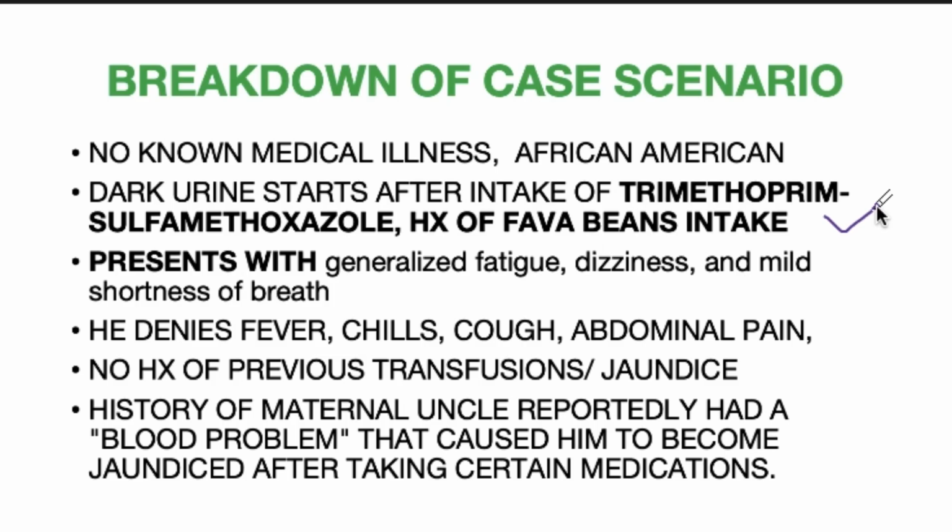And Paul indicates that right after taking just one dose of the antibiotic, he then starts peeing dark urine. So the question is, could this dark urine production be associated with the intake of the antibiotic trimethoprim sulfamethoxazole, which is a sulfur-containing drug?